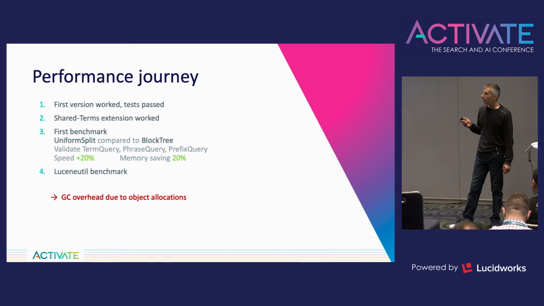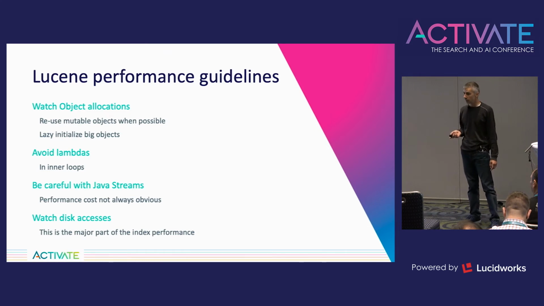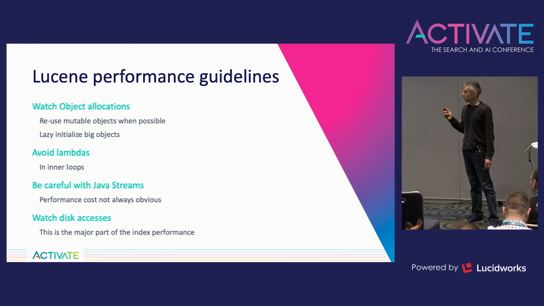We realized we had to follow guidelines because at that level, low level in Lucene, we had to take care of object allocations, reuse mutable objects when possible, lazy initialize big objects to not create them and initialize them anytime, avoid lambdas in inner loops, be careful of Java Stream because performance cost is not always obvious.